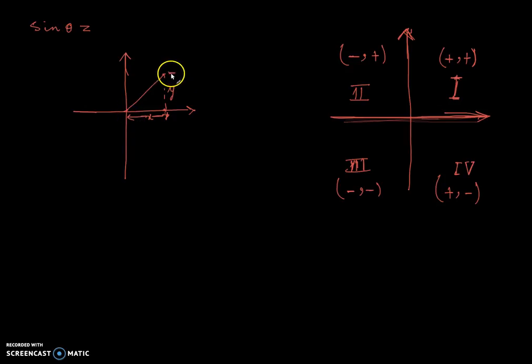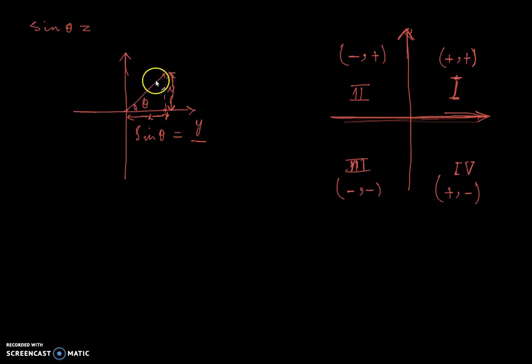So if this is theta, then sine theta would be the opposite side divided by the hypotenuse, so y divided by the hypotenuse.